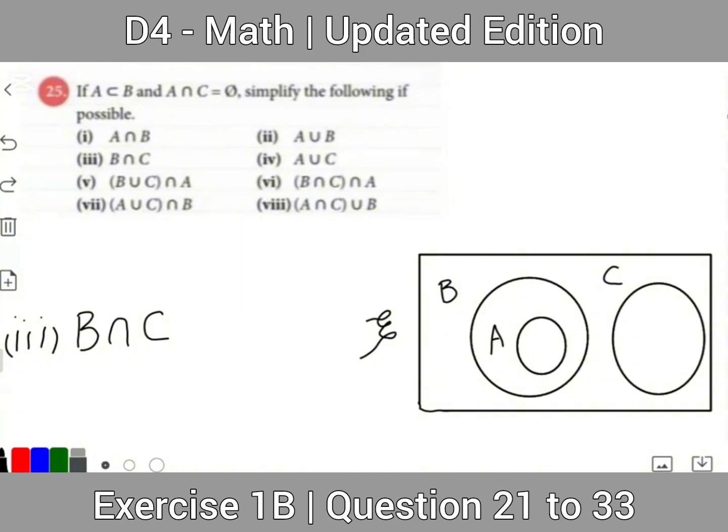So it is not possible to simplify the B intersection C further.